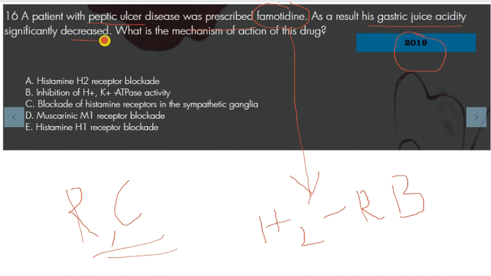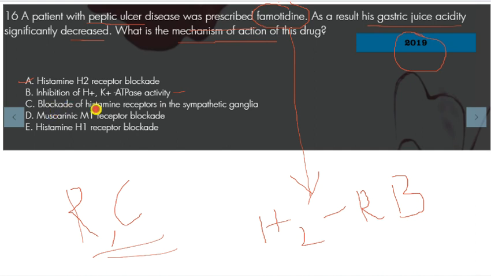What is the mechanism of action of these drugs? We know that they are histamine H2 receptor blockers. Among the other options, inhibition of H plus K plus ATPase activity is proton pump inhibition. Example drugs are omeprazole and pantoprazole.